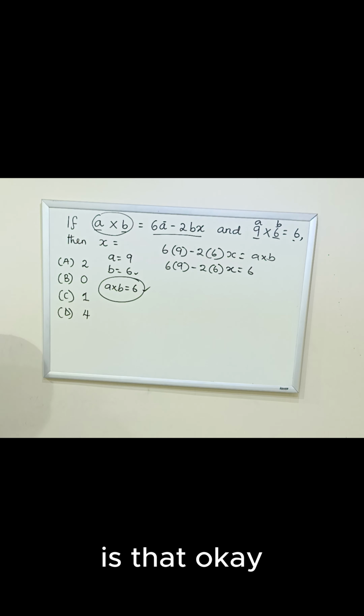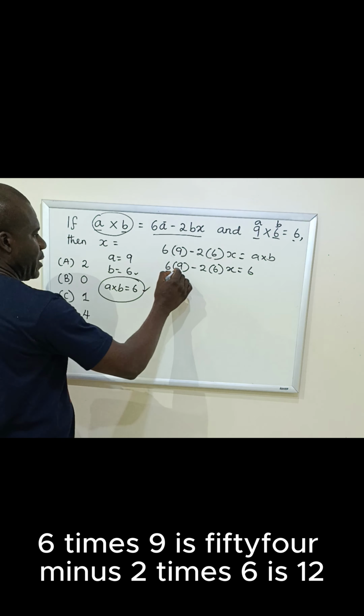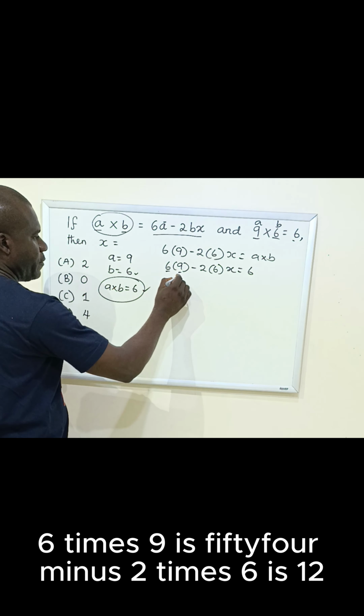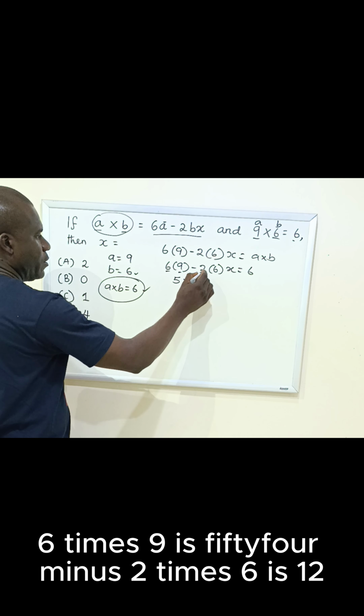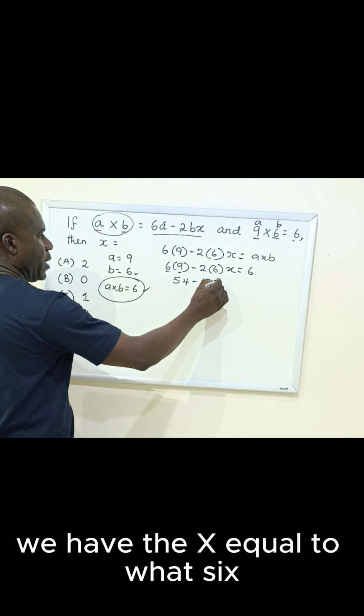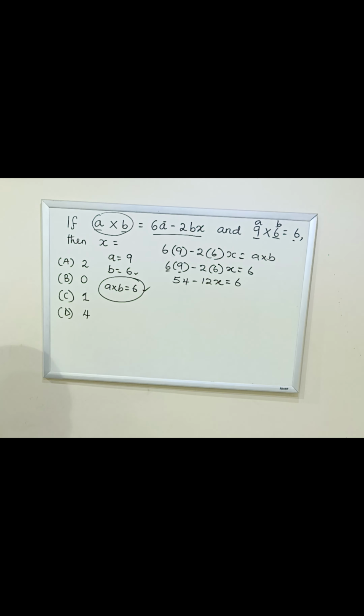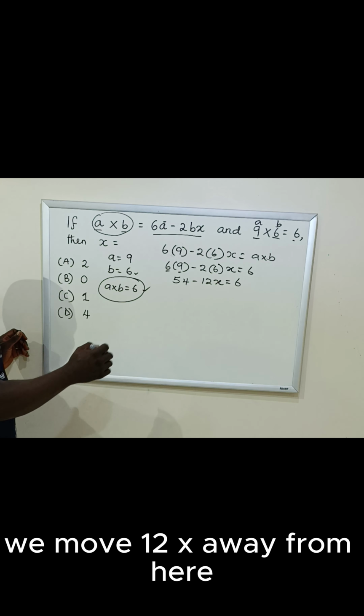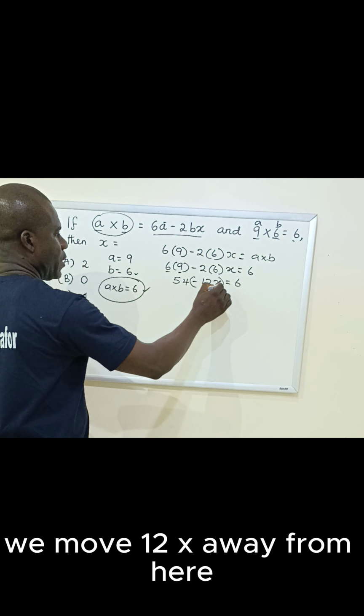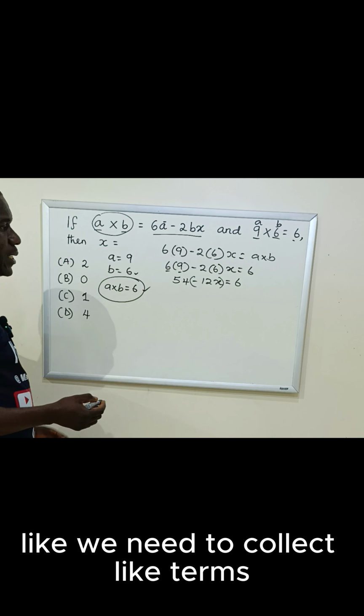Is that okay? 6 times 9 is 54, minus 2 times 6 is 12. We have the x equal to 6. We move 12x away from here, like we need to collect like terms.